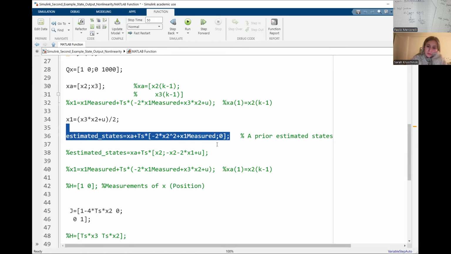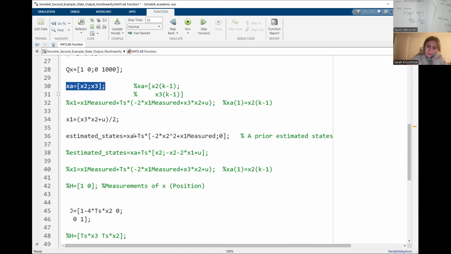Exactly. This is the a priori estimated states, equation 8, you remember in the lecture. I copied from what I told you until now. I copied the equation. This means my states, the states in our case x2 and x3 at time k, equal the state, this is a vector, no? Column vector is here, at time k minus 1, Ts, which multiplies this vector here.